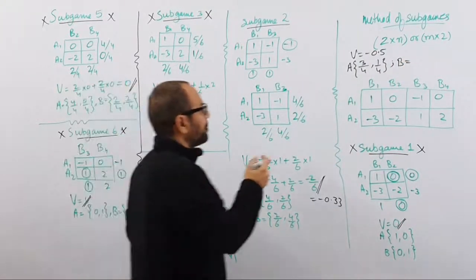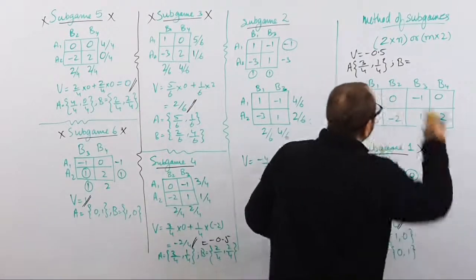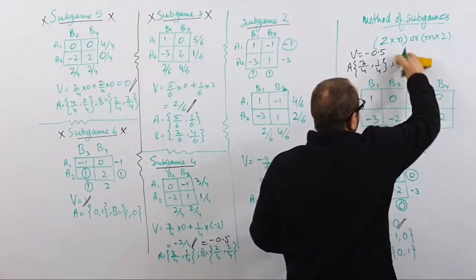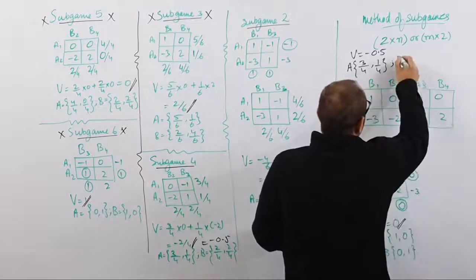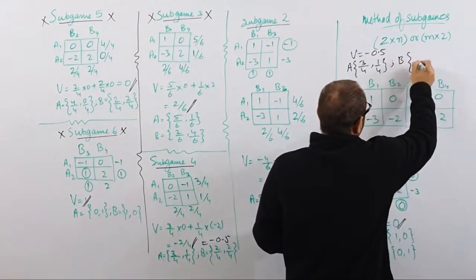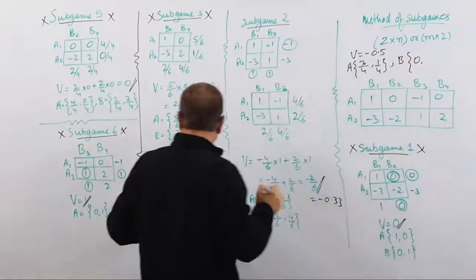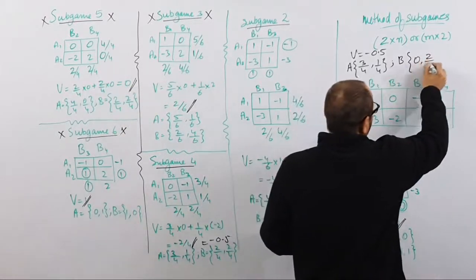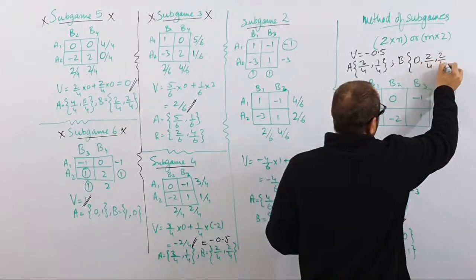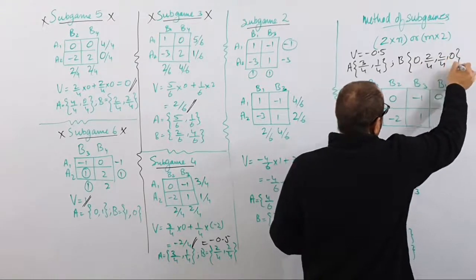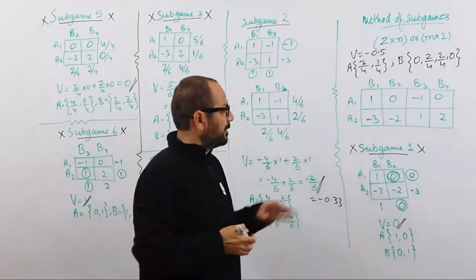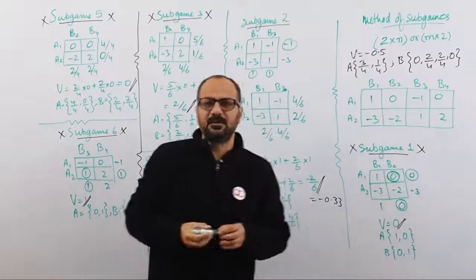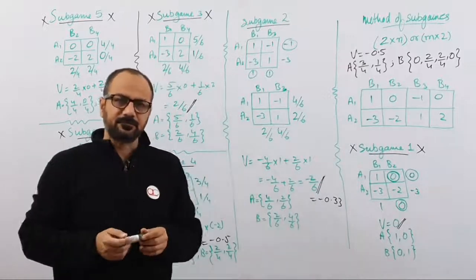So B1 is gone. We only have B2 and B3 with a probability of 2/4 and 2/4. Then B4 is again gone. This is the solution of the given game using the method of subgames.